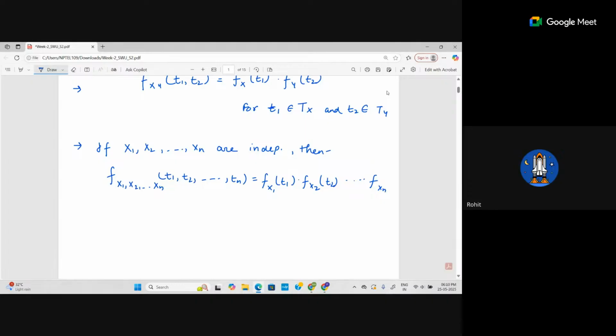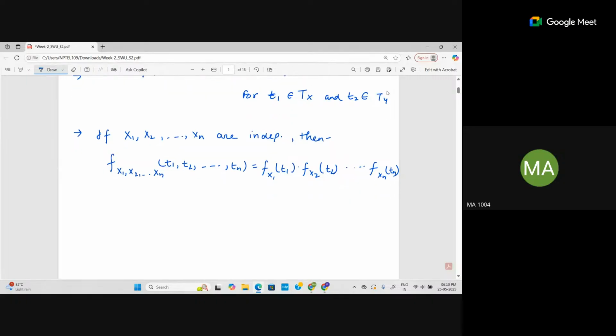Excuse me, ma'am. Yes. In the case of multiple random variables, shouldn't we have to check pairwise also? So the thing is that the set of different variables should be independent. We say all of x1, x2 up to xn are independent when their joint is equal to the product of their marginals.